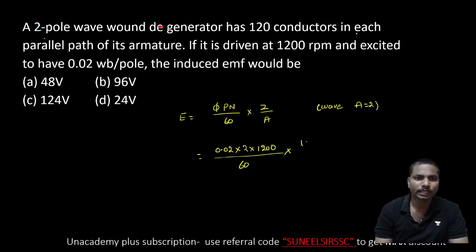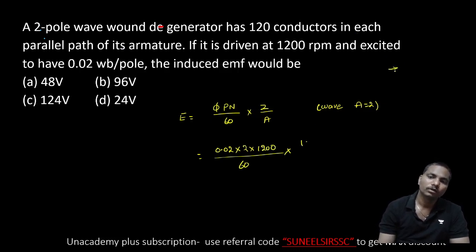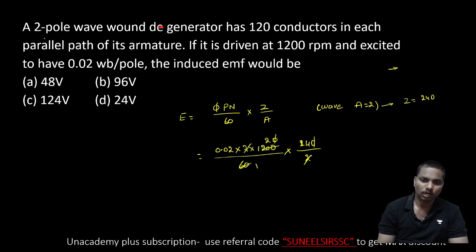We have 120 conductors in each parallel path, and 2 parallel paths means 120 into 2, 240 conductors, divided by parallel paths which are again 2. So 2 cancels out, 61, 62 zeros, this 0, and here 2 you will get. 2 into 2, 4. 4 into 24 is 96 volt.